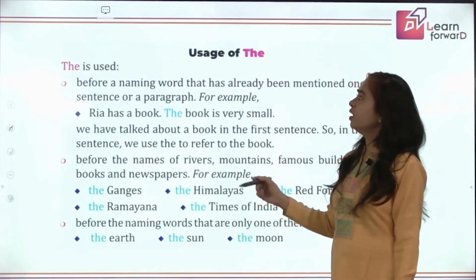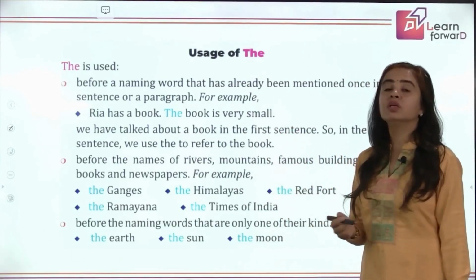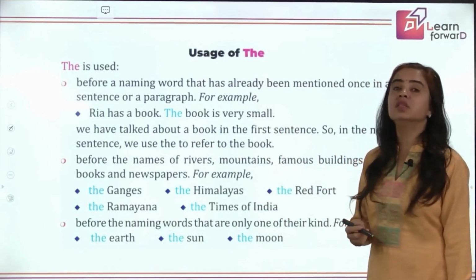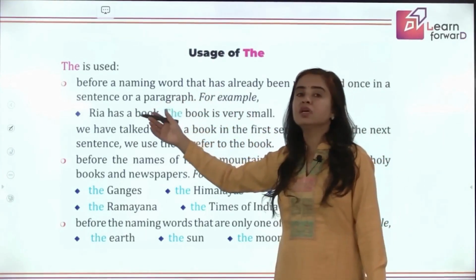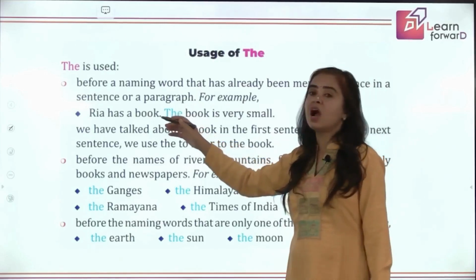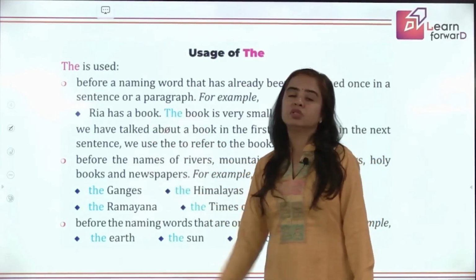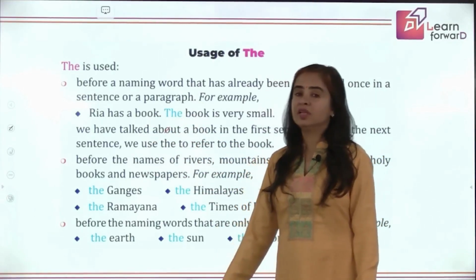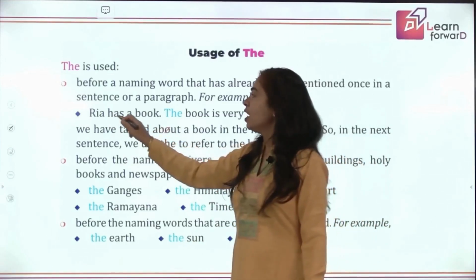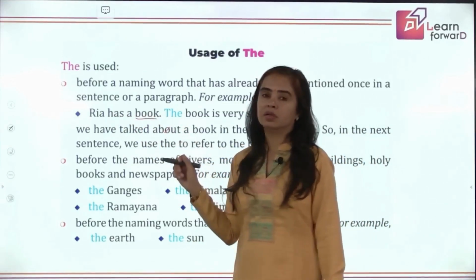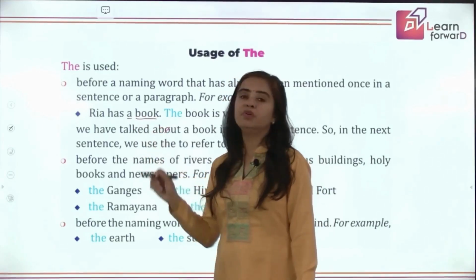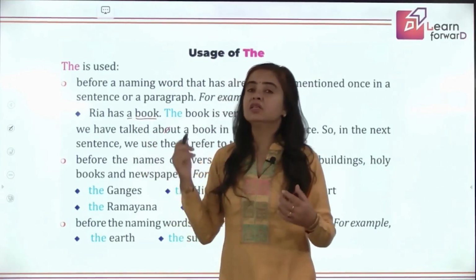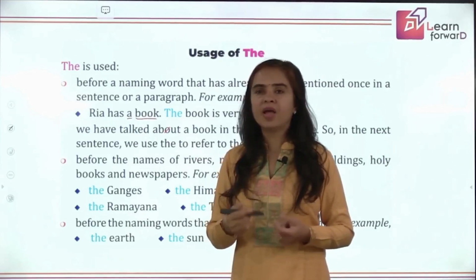So moving ahead, we'll be learning about the third article, that is the. Where is it used? So the first use is when we are repeating about something. How? When there is repetition, like Riya has a book. Now in the first sentence, we are using a before the book because this is one book, first thing, and it can be any book.